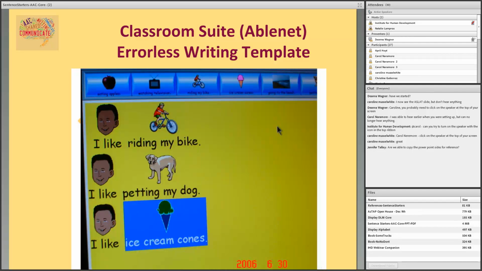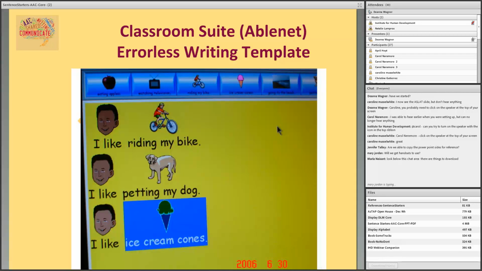The difficult part about it is that a teacher needs to help set up each of the starters and the endings and assign it to a student, or work with a specific activity with a student that's already been preformed with certain choices. And so you want to think about, although it's an errorless writing template, as you design the activity, have kids involved in it.